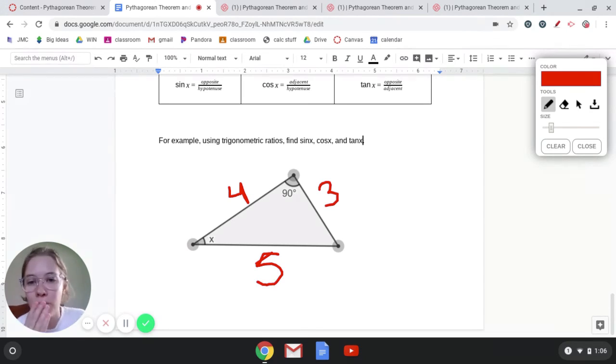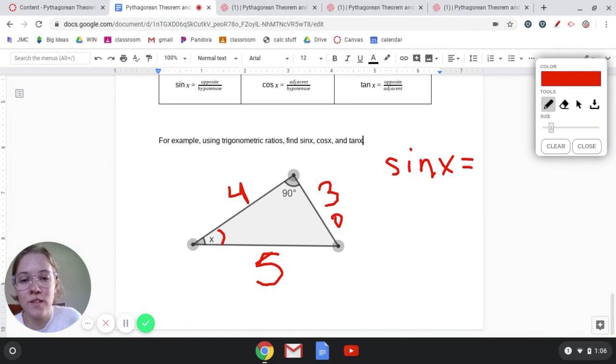Okay, so sine of x equals the opposite side. Well, here, let me just label these. The reference of x, and this is just like above, this is the opposite side, this is the adjacent side, and this is the hypotenuse.